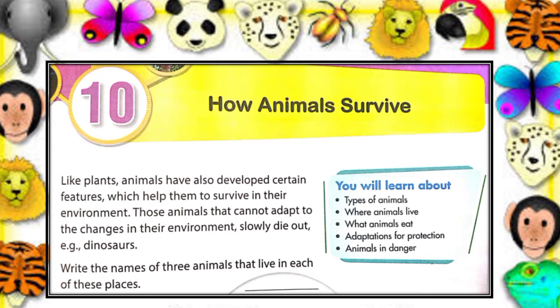So this diversity in appearance and behavior is caused by animal adaptation. Like plants, animals have also developed certain features which help them to survive in the environment. And those animals that cannot adapt to the changes in their environment slowly die out, for example, dinosaurs.